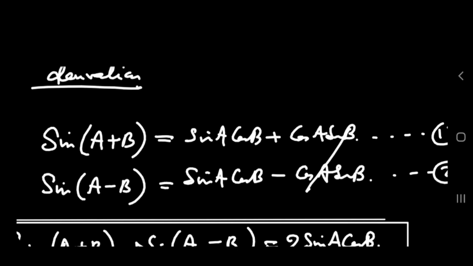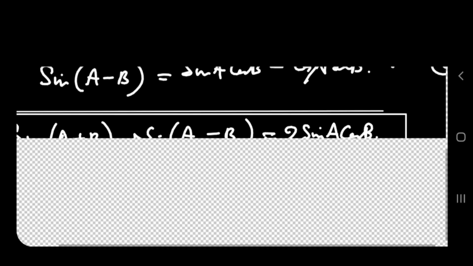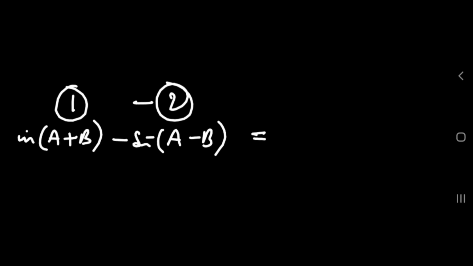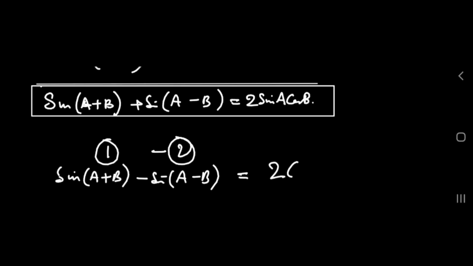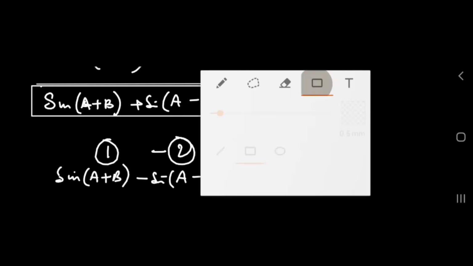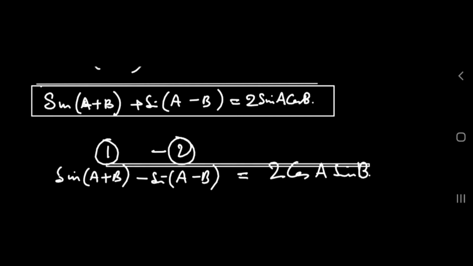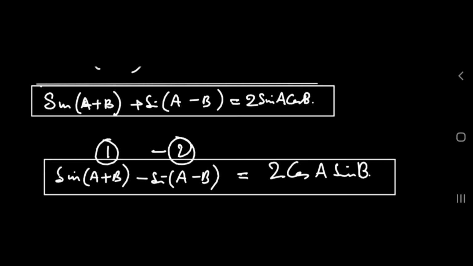Sin A cos B will cancel, and since I change the sign, this will be plus and this is minus. So this will get cancelled, right? So what will I get as the answer? 2 cos A sin B. So this is also a form, a very important form.